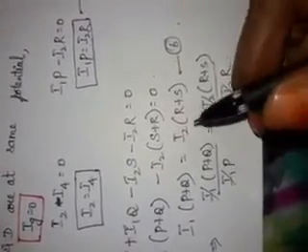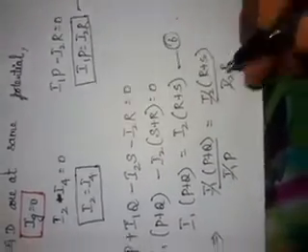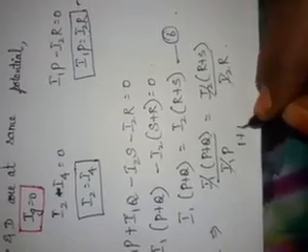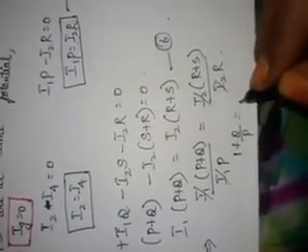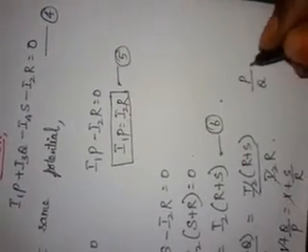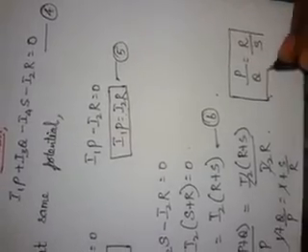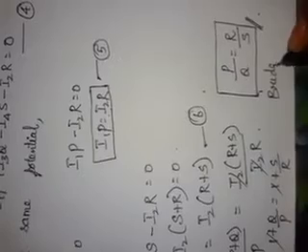P by P will be equal to 1, plus Q by P, is equal to R by R is equal to 1, plus S by R. So I can write it as 1 plus Q by P is equal to 1 plus S by R. Again 1 and 1 get cancelled. So Q by P is equal to S by R. Or taking the reciprocal, we get P by Q is equal to R by S. This is the bridge balance condition.